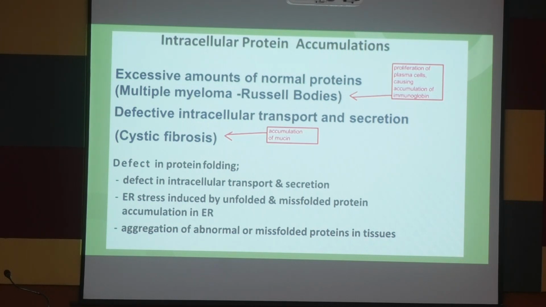So the patient will suffer from tachypnea, dyspnea and difficulty of breathing, and unfortunate kids have a very small lifespan. They may not cross the second decade of their life.